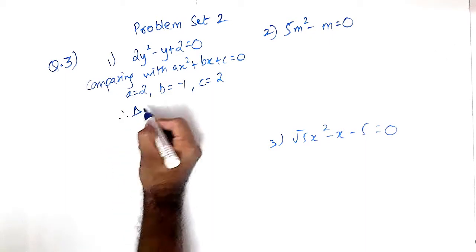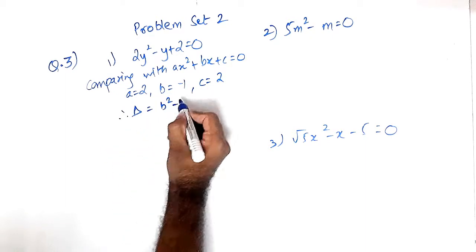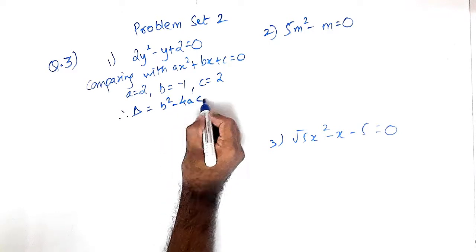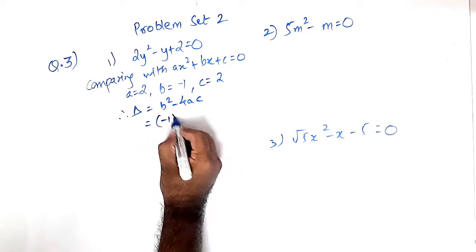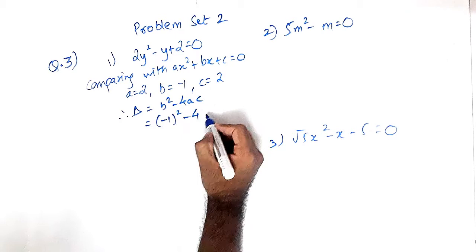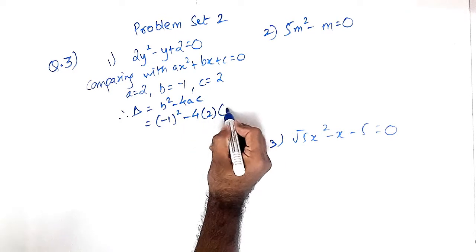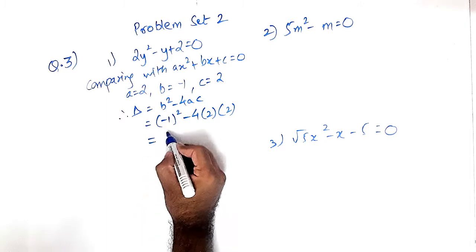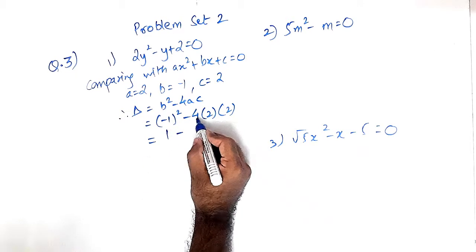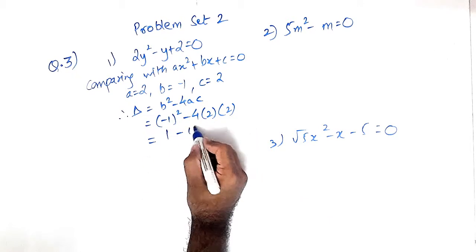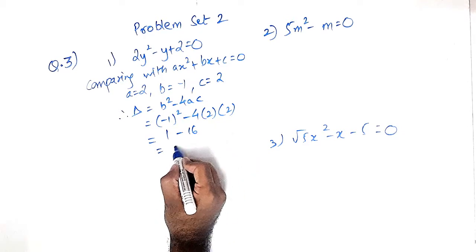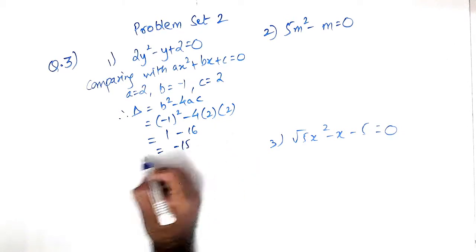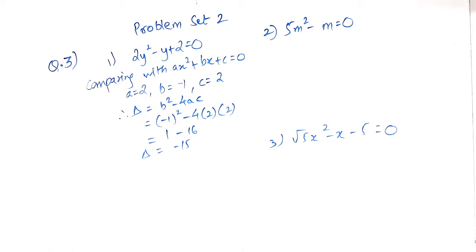Therefore, discriminant is b square minus 4ac. So it is minus 1 square minus 4 into a into c. Okay, so this becomes 1 minus 4 2s are 8, 8 2s are 16. Okay, so here it is minus 15. Value of discriminant is minus 15.